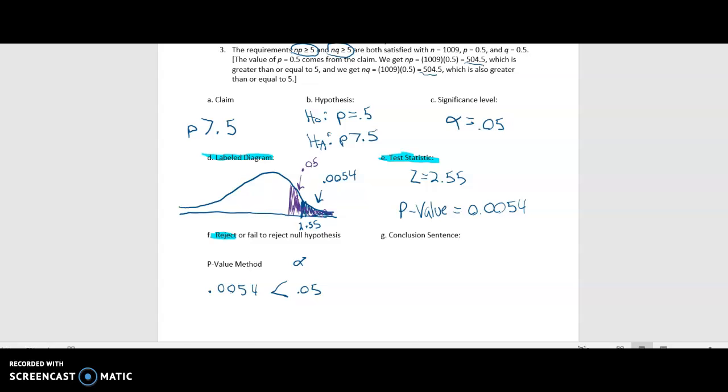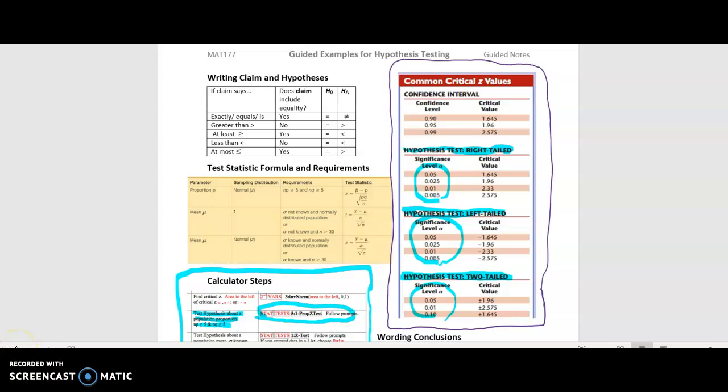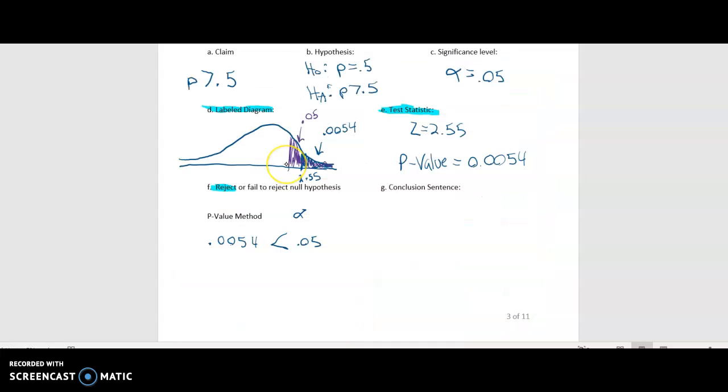Go back to page 2. We know that we have a right-tailed test with a significance level of 0.05. So our critical value is 1.645. On our diagram, we can see that 1.645 is the border here of where our alpha and our unshaded region is. You can see that 2.55 is more extreme.